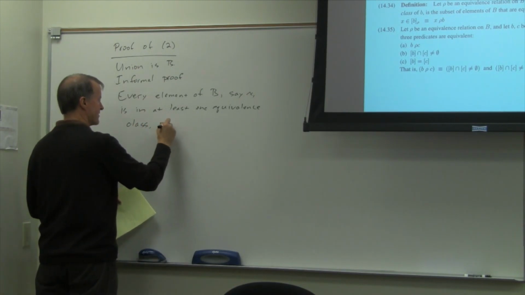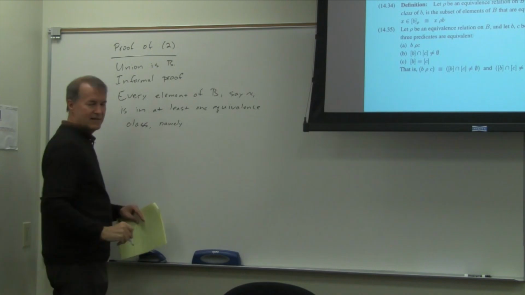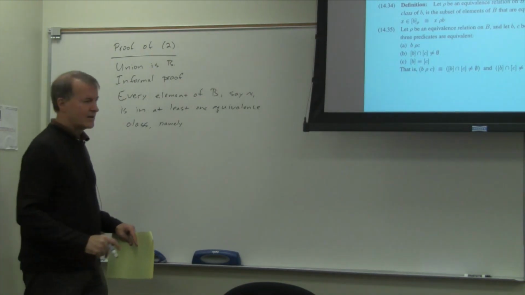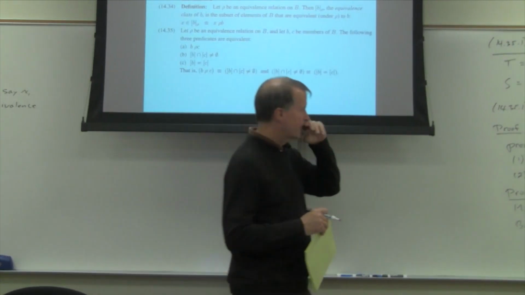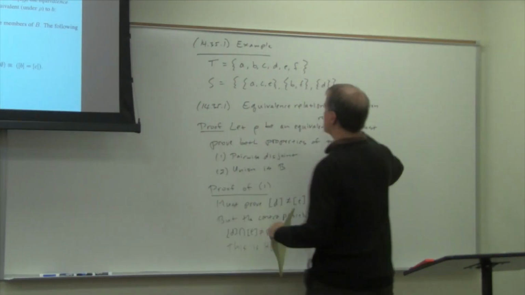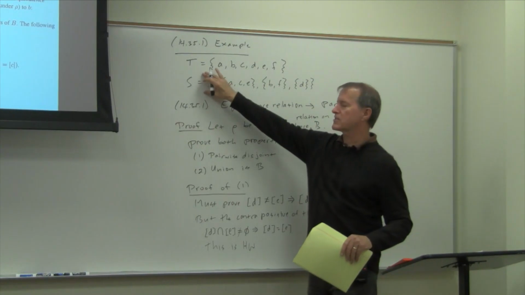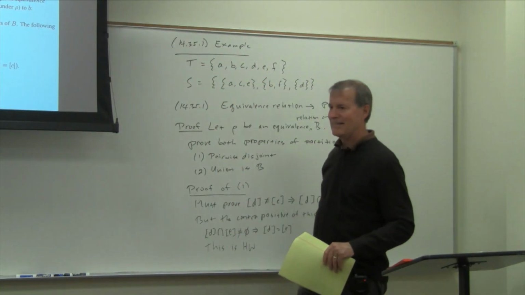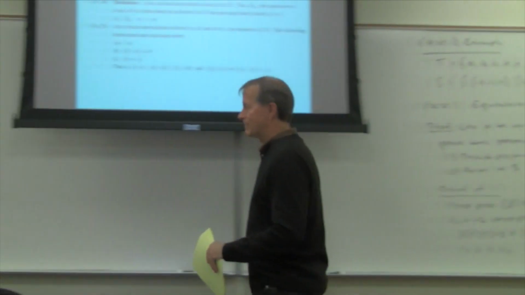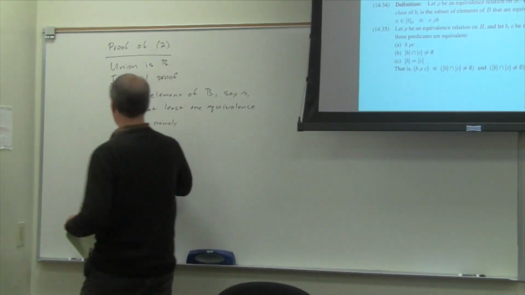Isn't it the union T? I don't know where we got B from. I'm sorry, this was using T and S from the definition of what it meant to be a partition, so I switched. But it is T, essentially.